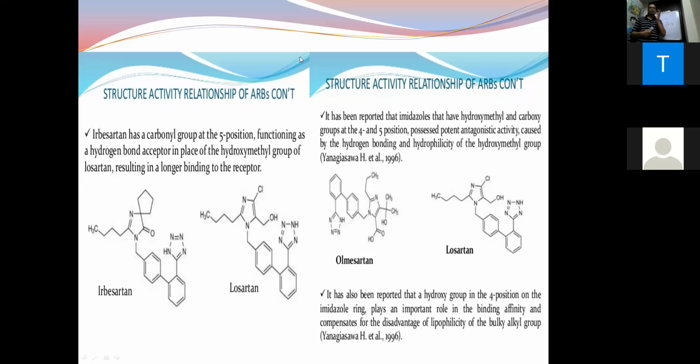Now let's go for the structure of olmesartan. What is the difference over here? Your alkyl group and everything is the same.